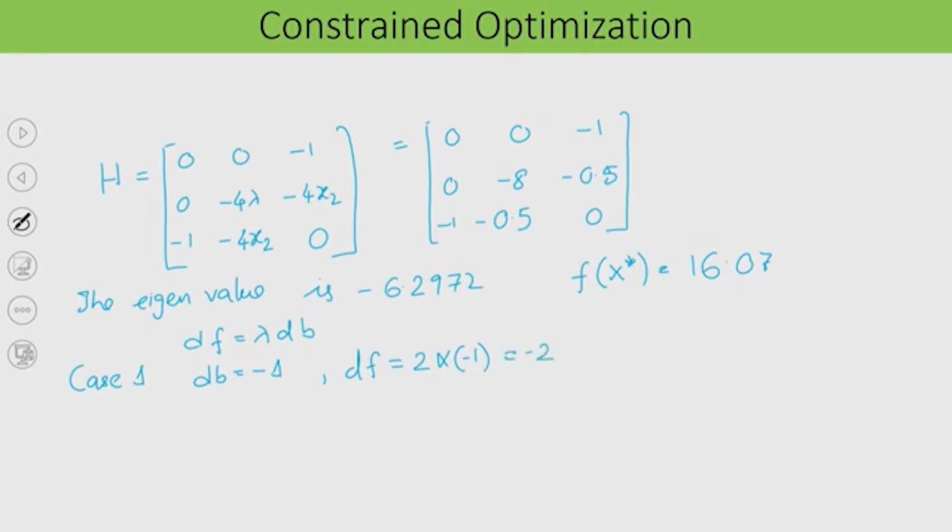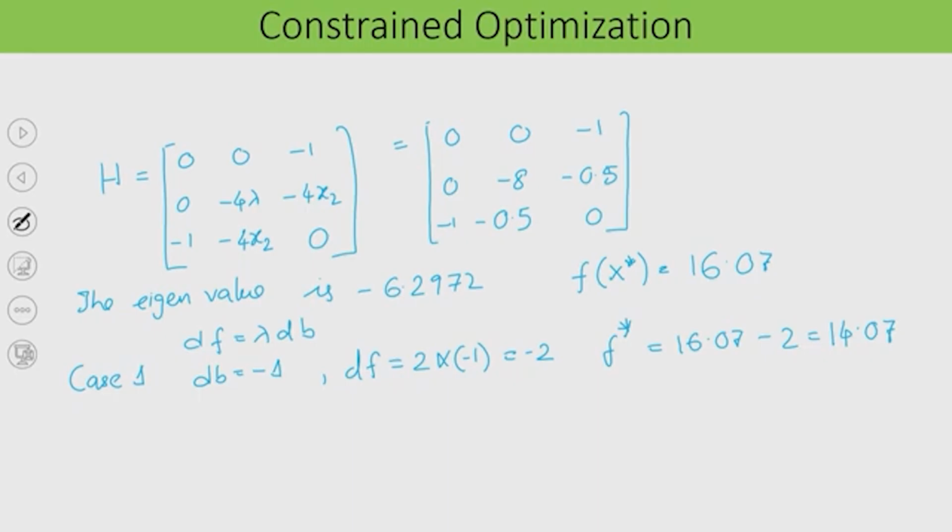So, the new f star value will be 16.07 minus 2, so we will be getting 14.07.